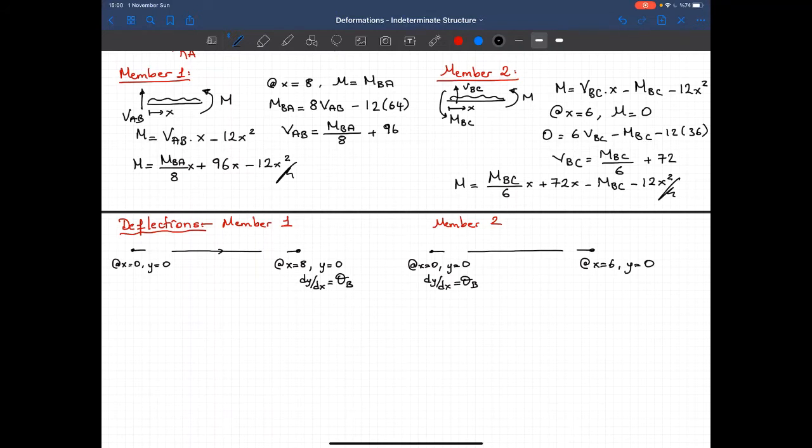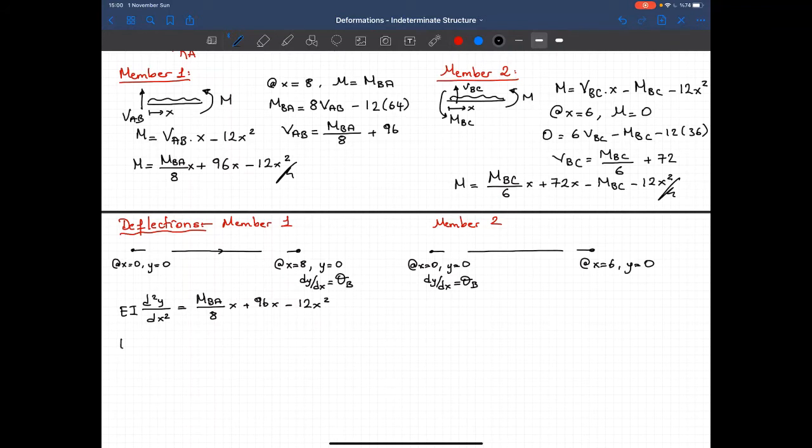Now, I'll just write the moment equation as follows, or differential equation as follows. EI d square y divided by dx square, and write down the moment equation. MBA over 8 x plus 96x minus 12x squared.